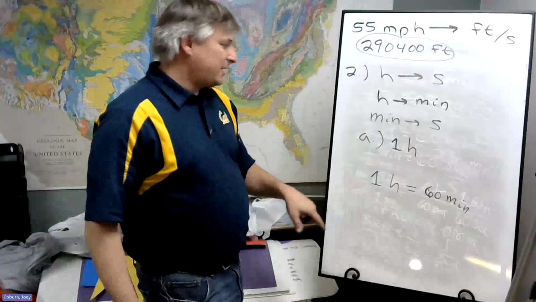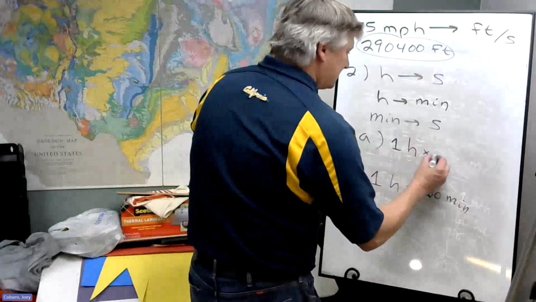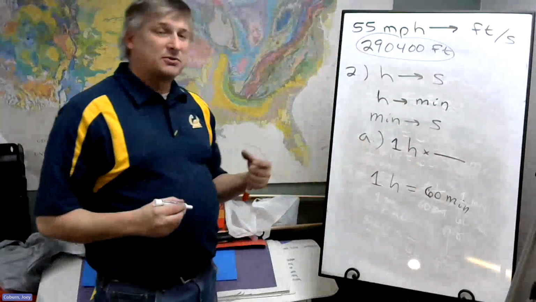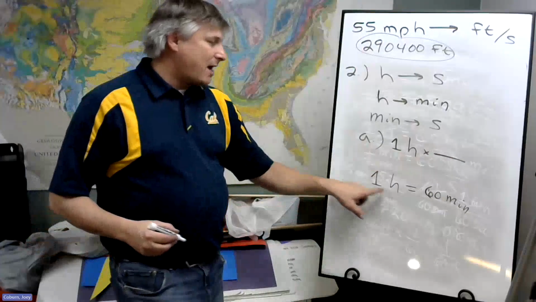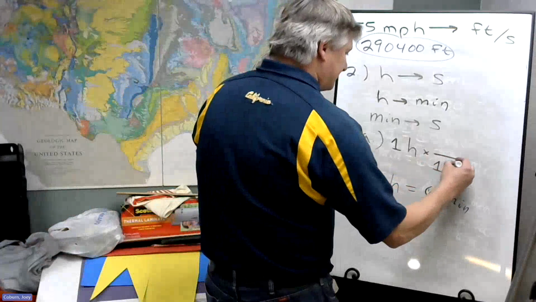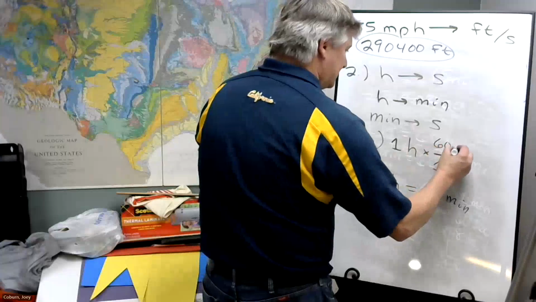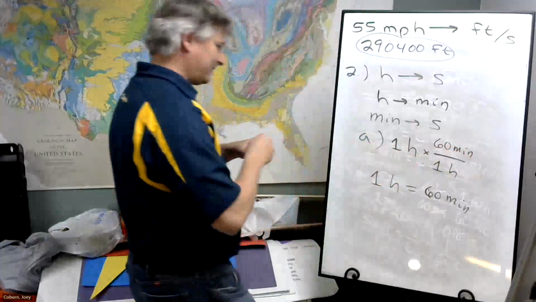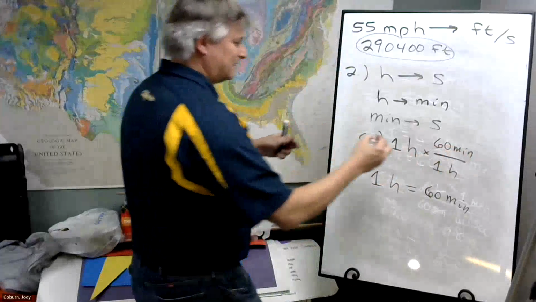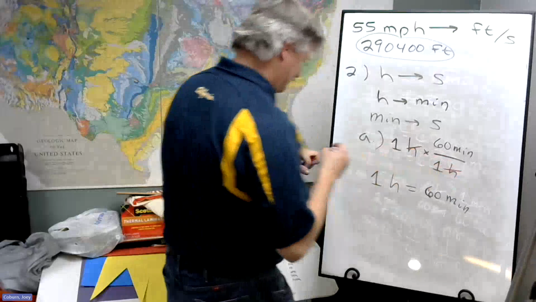And again, same thing. We want hours to cancel and minutes to remain. So that means hours got to be in the bottom. And then 60 minutes on top. So these cancel.